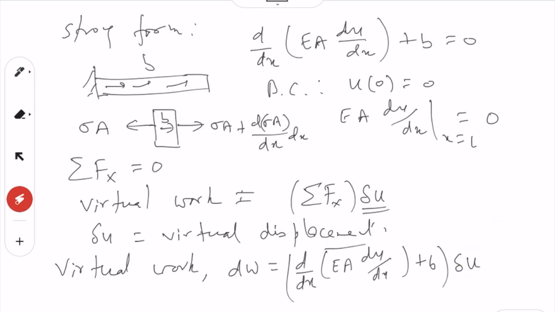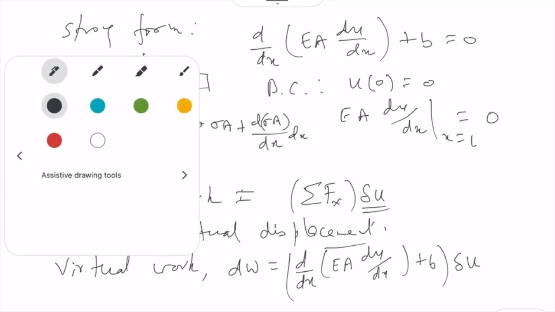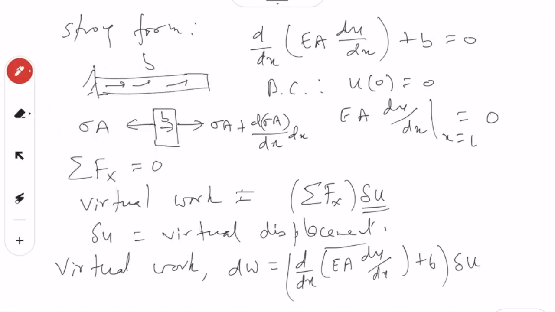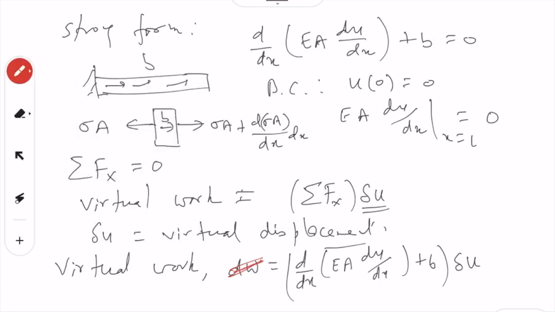So let us call it something else, let us call it v. Instead of saying dW, let us call it dV is the virtual work.